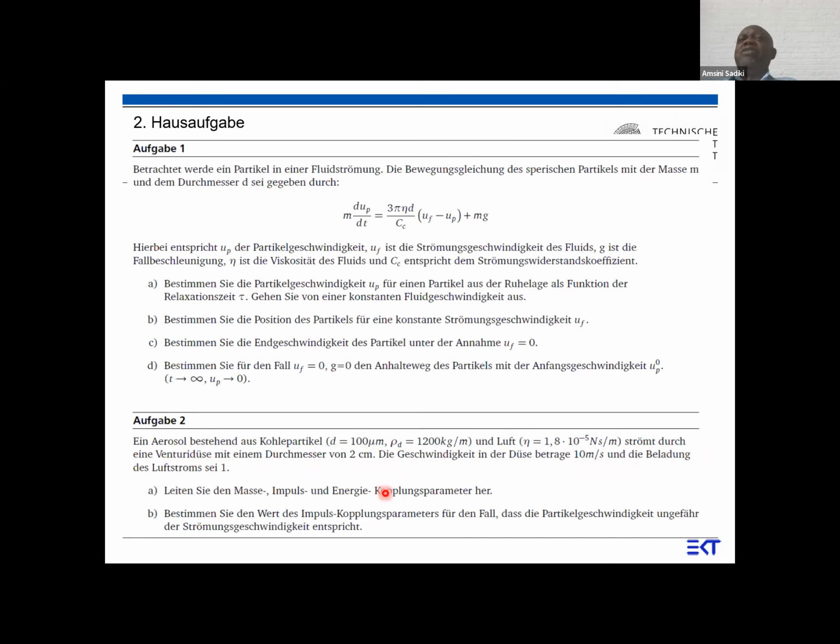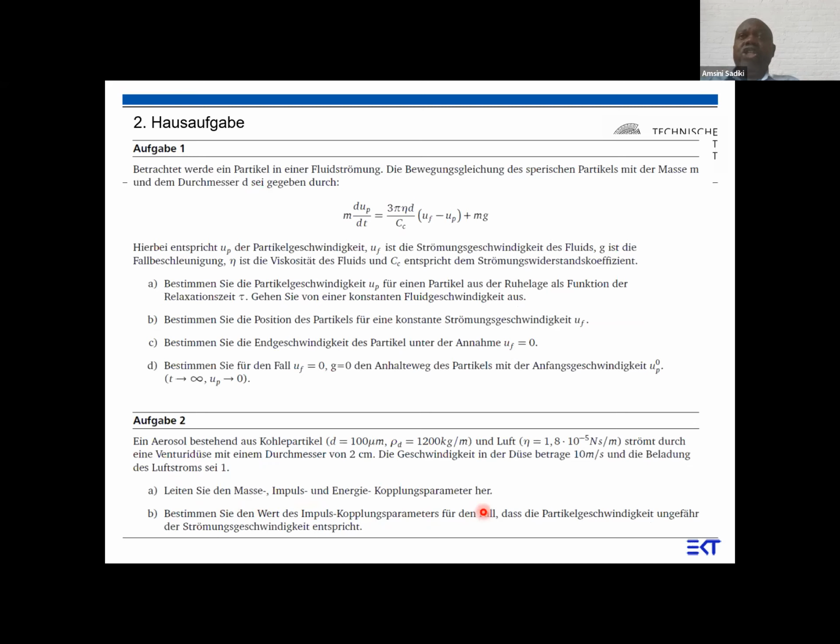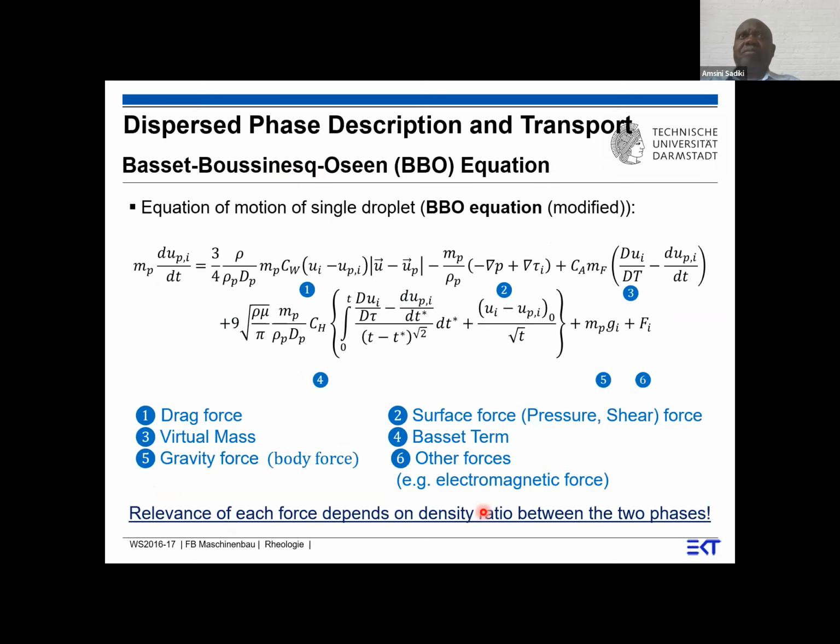If it is possible to calculate these parameters, please calculate them. And in this case, you can say in which case we have two-way coupling, one-way coupling, or four-way coupling. But if you want, I can translate it into German or English. If everything is clear, then you can start with this. I will send you this slide in the break between 12:30 and 2:30.